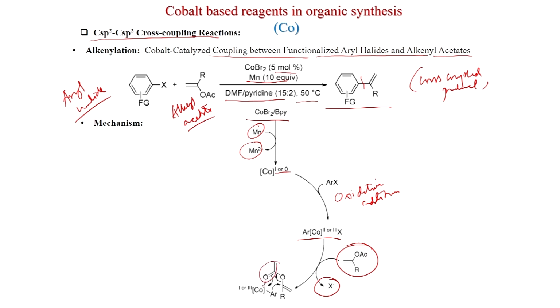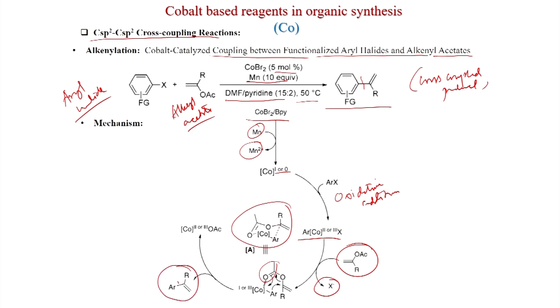The carbonyl group coordinates with cobalt, and it can take a geometry like this. So, the carbonyl coordinates with cobalt, and now the 6 membered transition state is formed. Now, this aryl will coordinate with this. So, this C-C bond will form here, and you get the product.